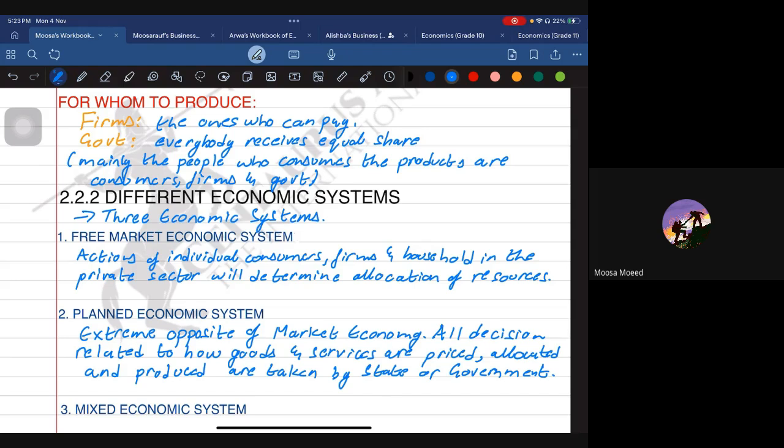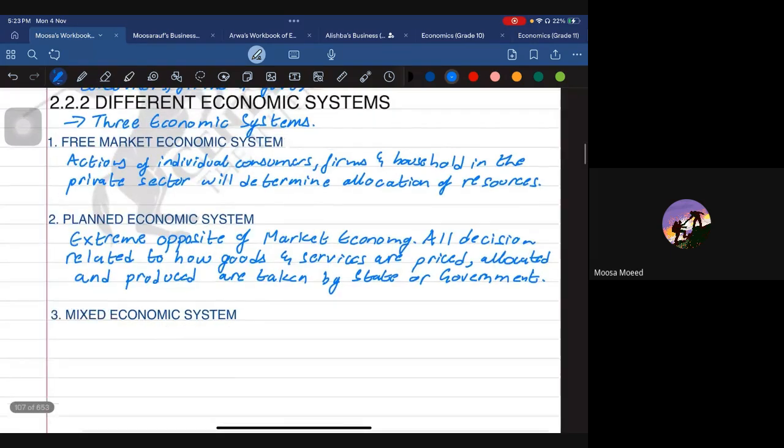where the ownership of resources is in the hands of the private sector and the public sector both, right? So it is there in both places.